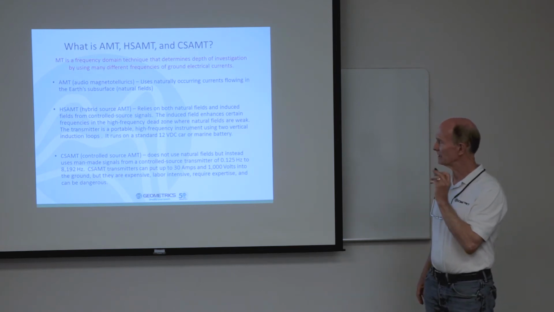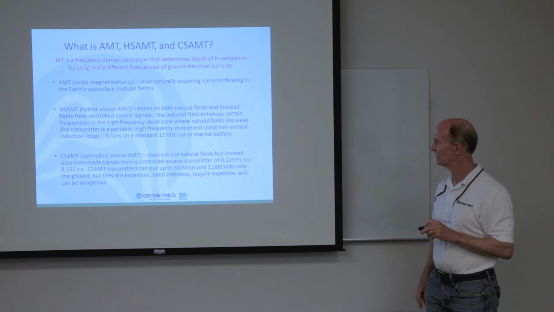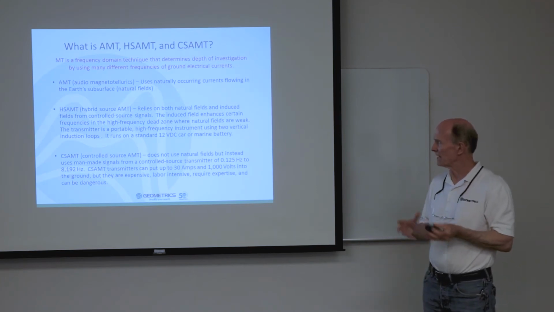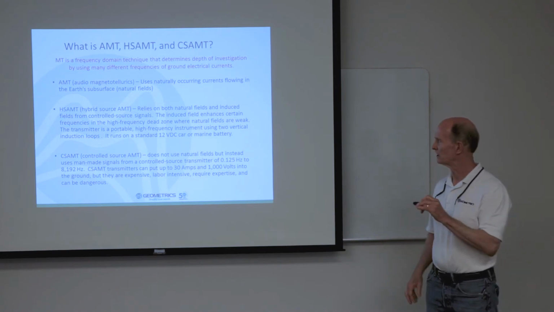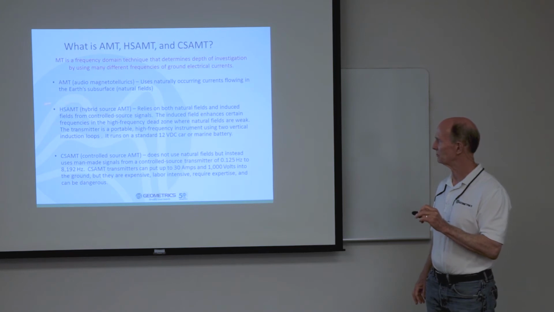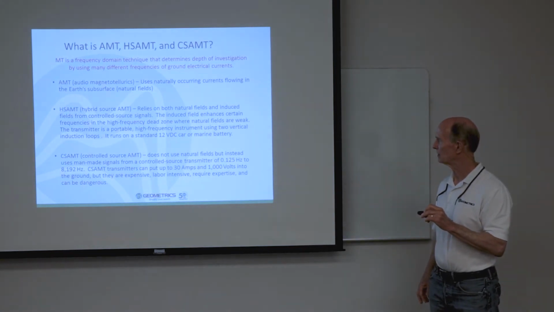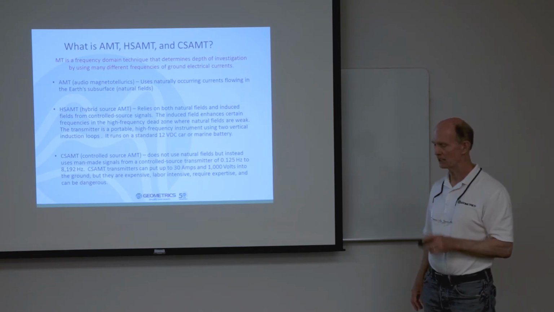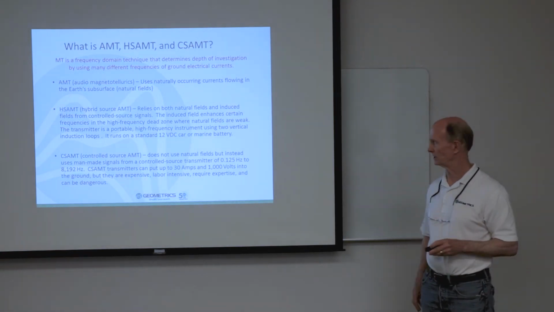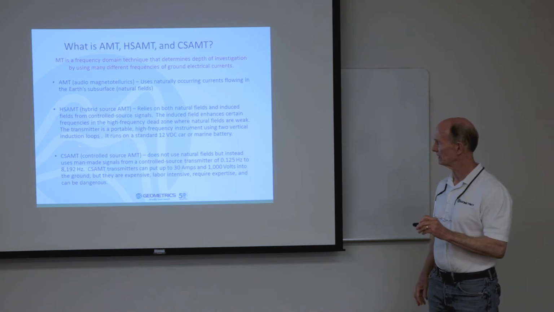However, in that AMT band, there is a band of frequencies that is typically very weak. So what we do is add a small, portable, low-power transmitter that runs on a standard 12-volt car battery to enhance those weak signals. The other technique is controlled source AMT.